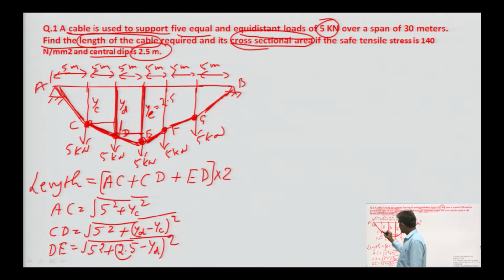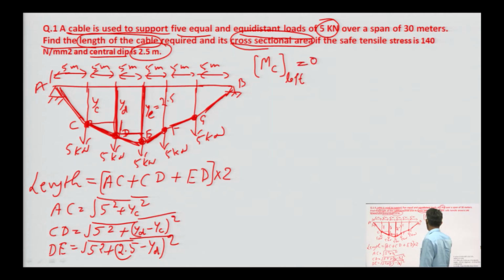We know that the bending moment at point C, at point D, E, F, G, or we can say the bending moment at any point in the cable, is 0. So, we will apply the bending moment at point C equal to 0, for the left part.